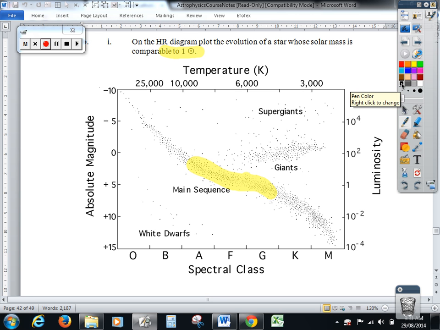So let's just take a star like our sun. And as we saw yesterday, when a star is born, it begins up on the zero age main sequence, and it then migrates as it ages towards the other end. Okay?